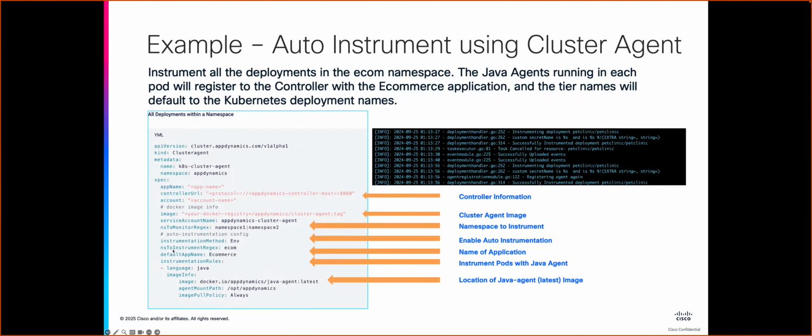You want to make sure that you have your application name here, the information about which controller, and also if you have any node name or tier name, or if you're going to be using environment variables, etc., you have an option to do some of that here or in the environment variables elsewhere.